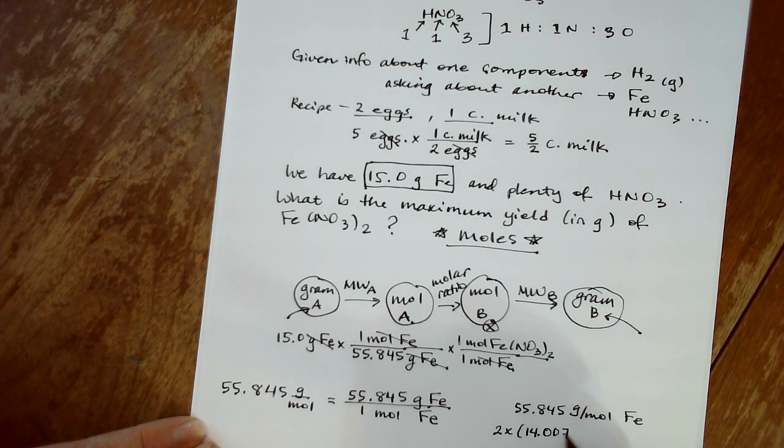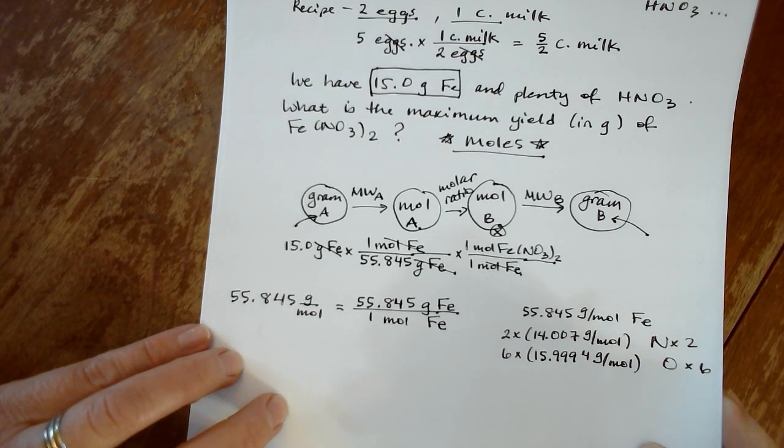I'm doing this from memory now. Forgot to look these ones up. So this is 2 nitrogens because I've got those 2. And now I have 2 times 3, that's 6 oxygens, and oxygen has that mass of 15.9994 grams per mole. And I'm going to add these guys up.